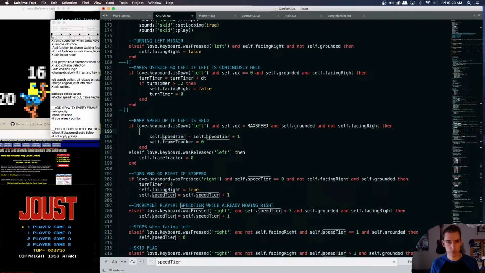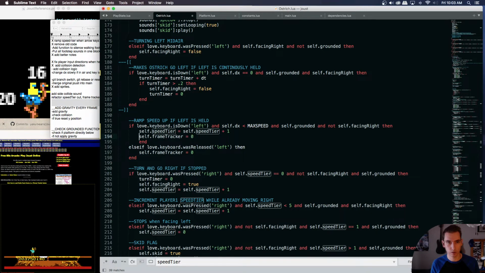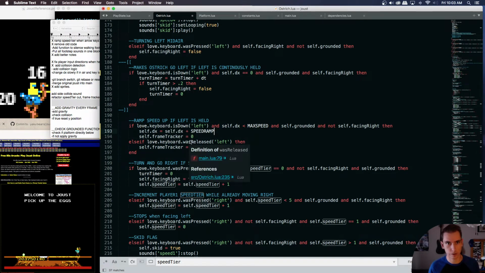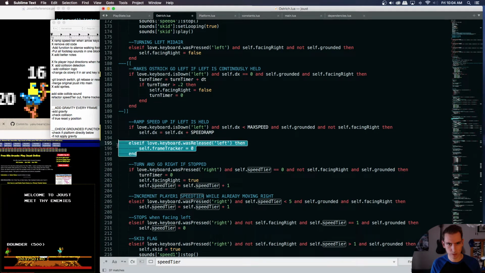We just need to test for continuous input. If so, give us our dx plus our speed ramp on every frame, you know. We don't need this. We shouldn't need this.